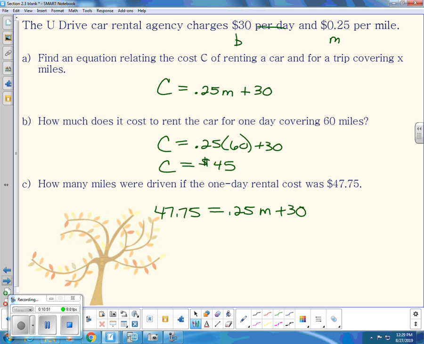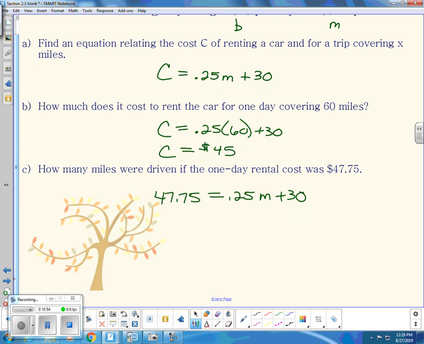Right? We've done all these before. And you get 71 miles there. Okay. So that was a pretty quick equation to write, because they essentially gave you the slope and the y-intercept. Okay? We good? All right.